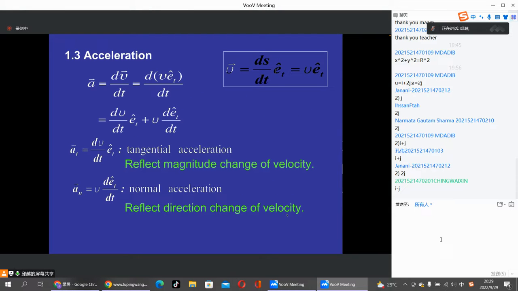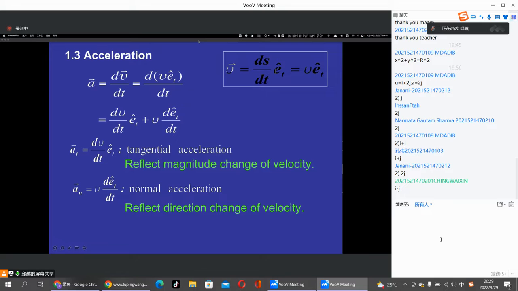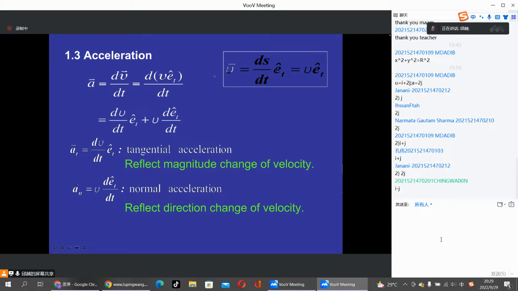Okay, here is the process to deduce the acceleration. And now you need to think why the acceleration has two terms, but the velocity has only one term. Why?